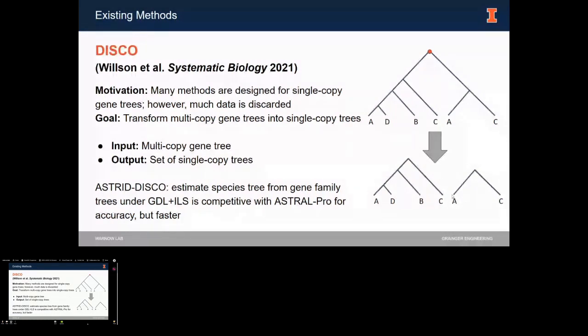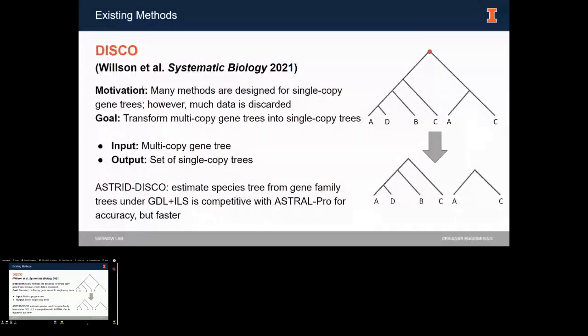These single copy trees can then be given to any method that uses single copy trees, and that pipeline should work. It was shown that ASTRAL-DISCO, which was DISCO paired with a species tree estimation method called ASTRID, was comparable in accuracy to ASTRAL-Pro, which was a leading method for multi-copy species tree estimation, but also significantly faster.